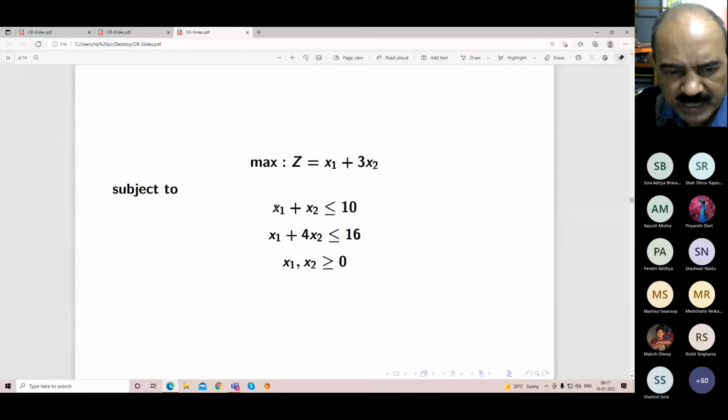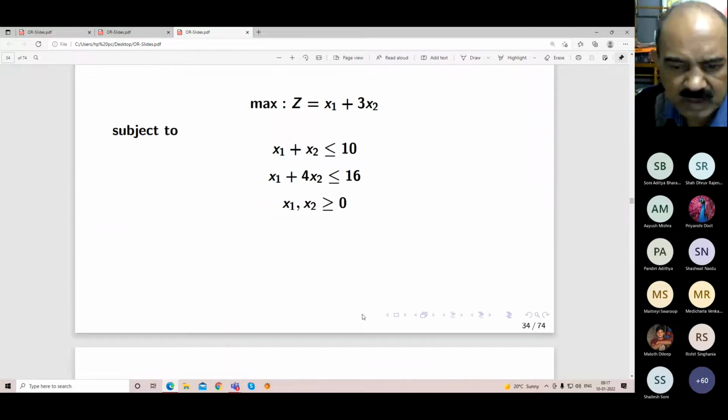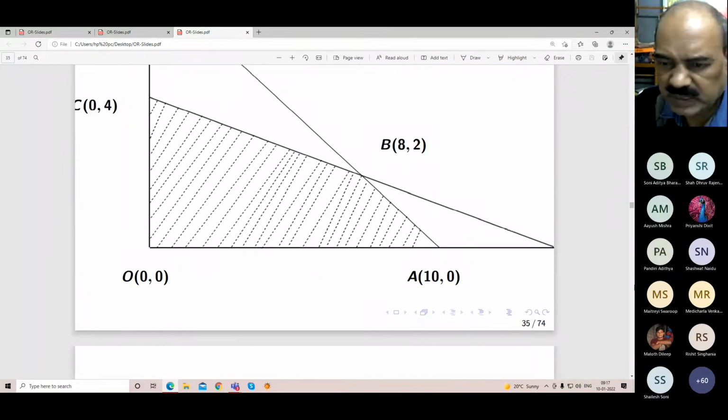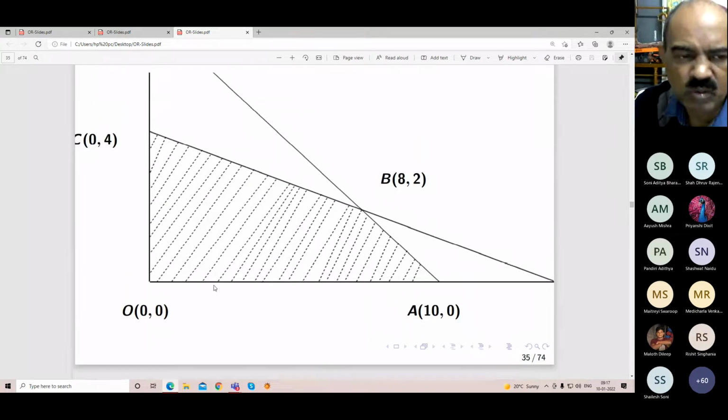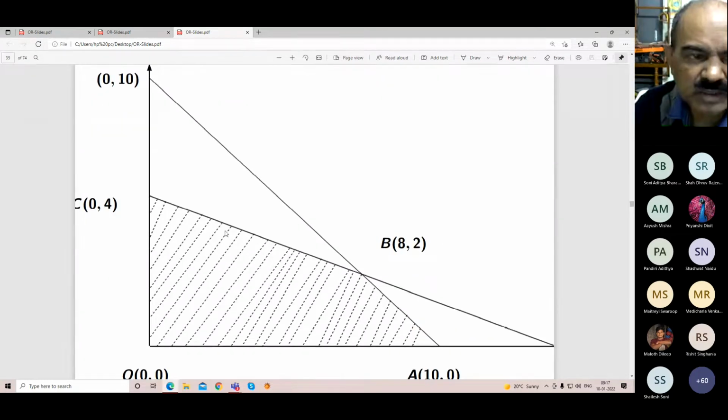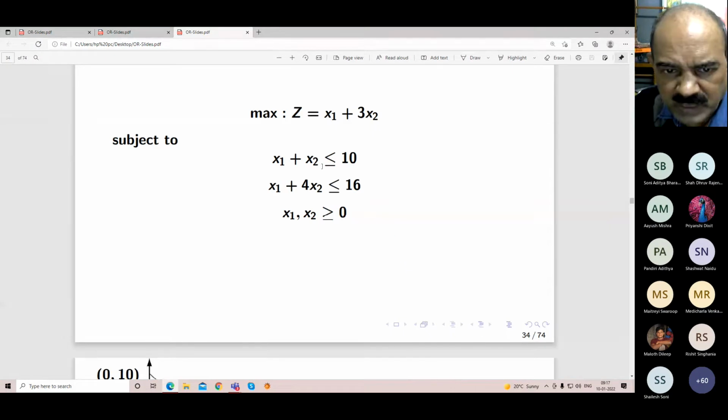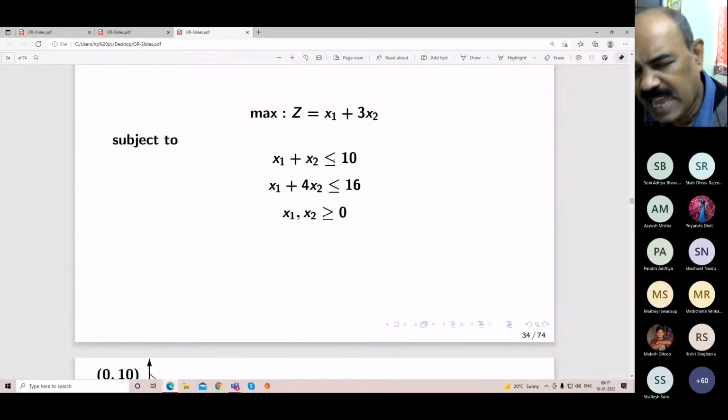Since there are two variables x1, x2, we name them: one for the x-axis, another for the y-axis. This is the x-axis for x1 and the y-axis for x2. Now x1 plus x2 less than or equal to 10. If it is equal to 10, then it is a line.